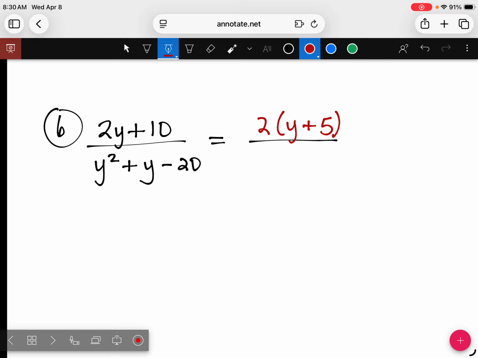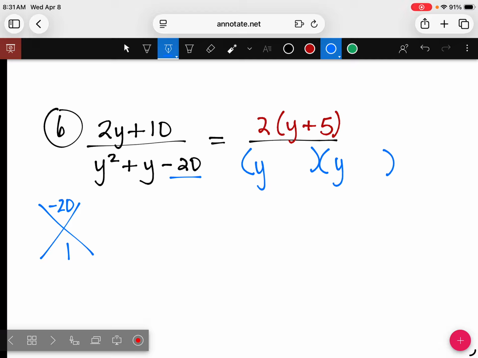All right. In our denominator, we have a trinomial. So we need to actually factor that down. So go ahead. We need 2 numbers that multiply to negative 20 and add to 1. Don't say it out loud. Try to find those numbers. Whenever a is 1, we don't need to make a box. So look where you see 20. And I need 2 numbers that are 1 hop apart.